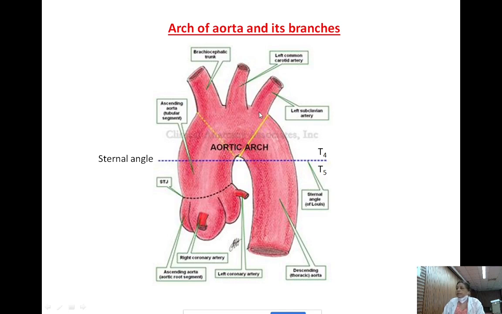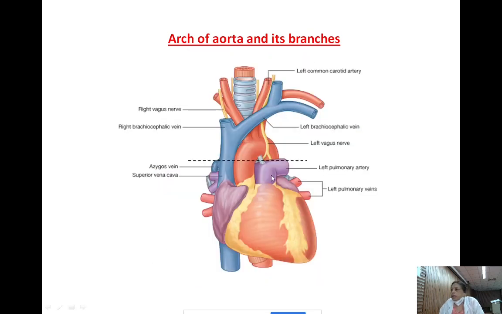Now this aortic arch goes to the posterior side at the level of the intervertebral disc between T4 and T5. At this level, you can see it is connected to the left pulmonary artery or to the pulmonary trunk by a ligament, and that ligament is known as the ligamentum arteriosum.